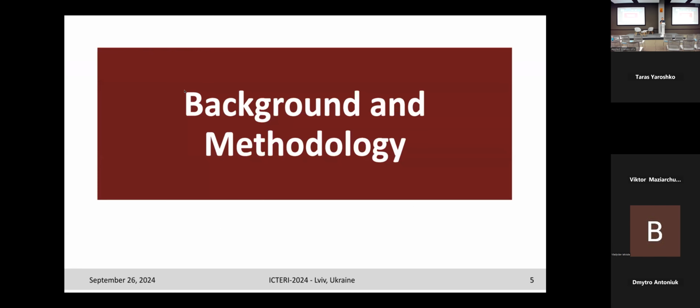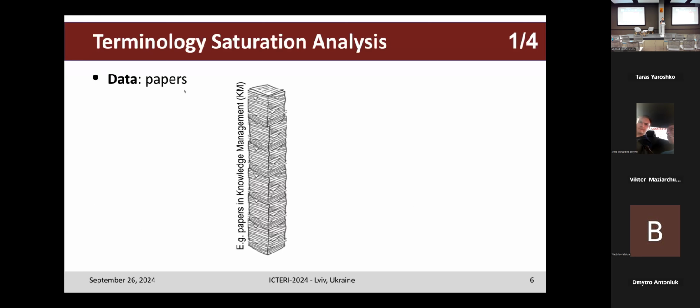Now I will outline what background knowledge is used in our research and what is our planned contribution regarding the refinements of methodology. For analyzing terminology saturation, we took a collection of papers of the particular relevant subject domain. We took a collection of the full texts of the scholarly papers.